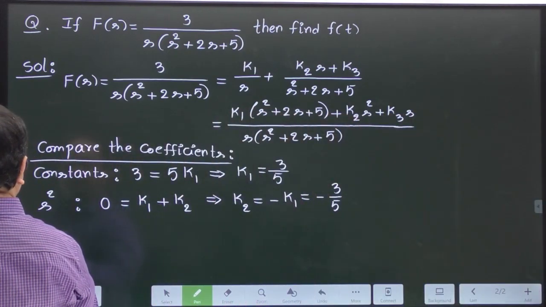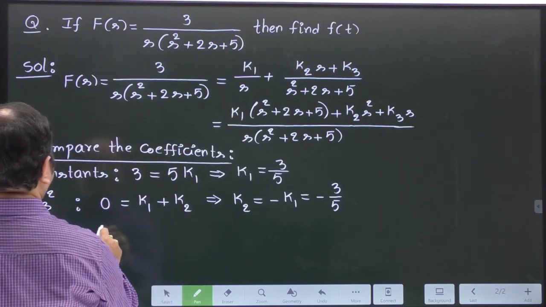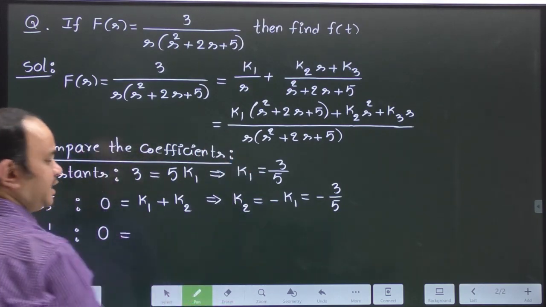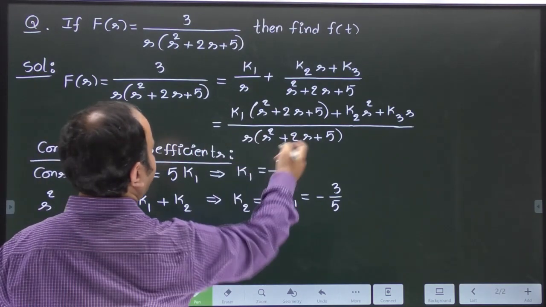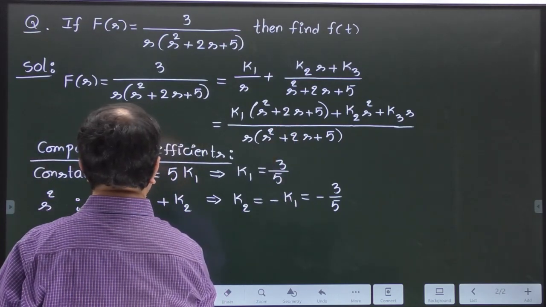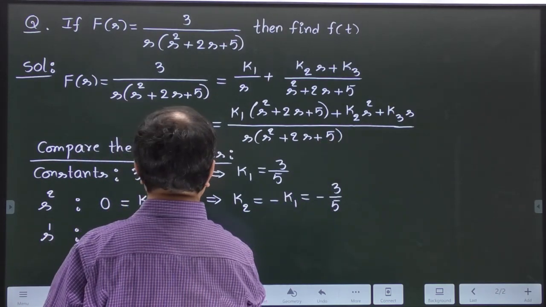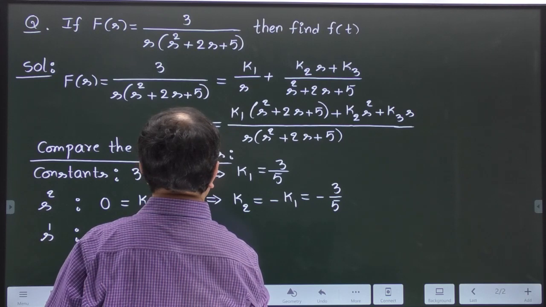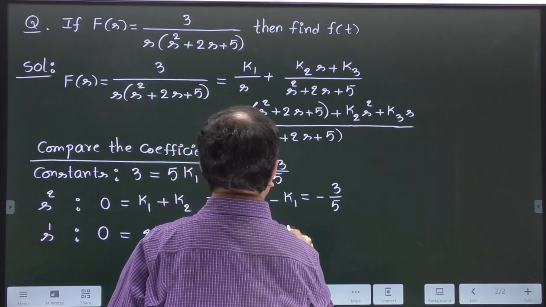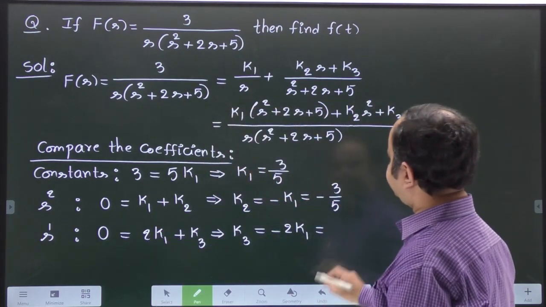Next, the s power 1 coefficient. Again, on the left hand side there is no s power 1 coefficient and hence I can take it as 0. And on the right hand side, what is the s power 1 coefficient? 2k1 plus k3. Therefore k3 is equal to minus 2k1.